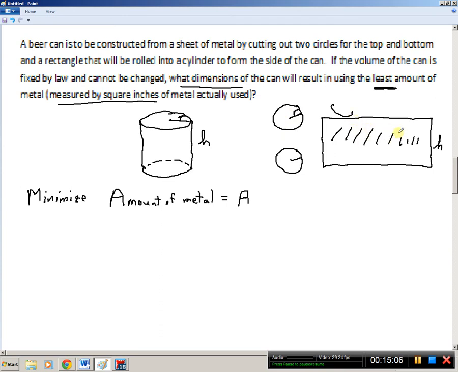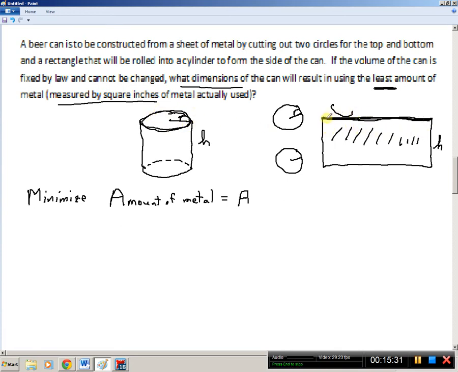And to get the area of this rectangle, I'd have to go the height times this distance. What is that distance? I could make up a variable for it because I don't know, or I could recognize that this length here comes from going around the can this way. So really, that sheet is just the side of the can rolled out flat.